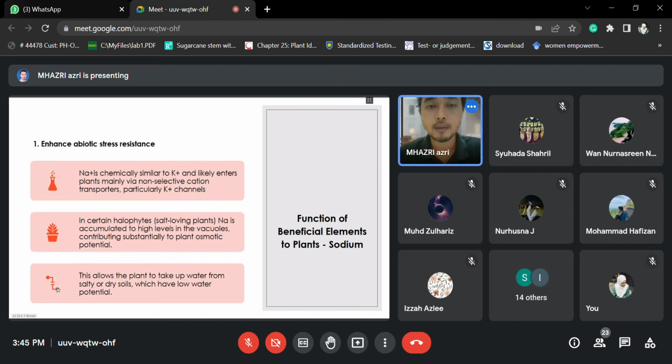Okay, bila water potential dah menurun, air akan masuk. Okay, because water will move from higher water potential to lower water potentials. So this is the mechanisms of how plant that live dekat kawasan pantai ataupun dekat kawasan gurun can absorb more water, okay, by lowering the water potential in their tissue by absorb extra sodium ion.